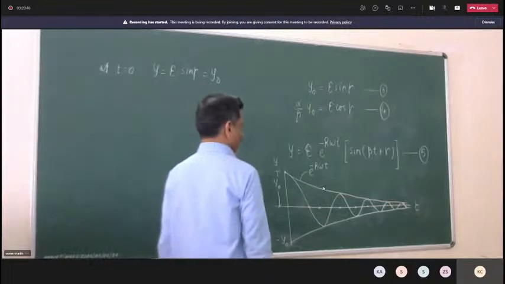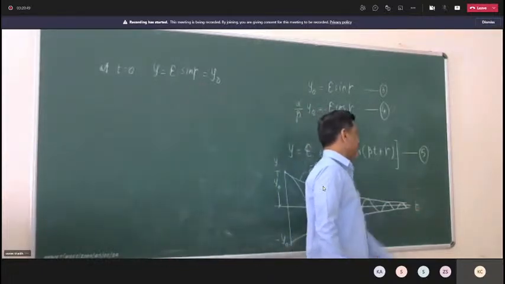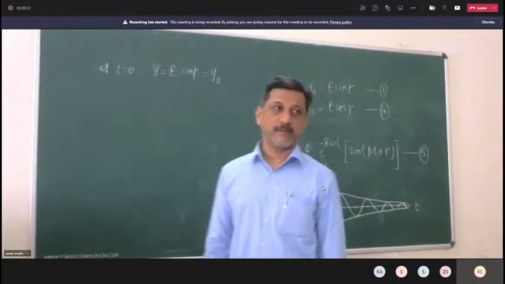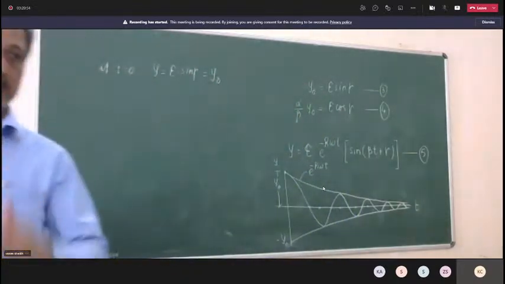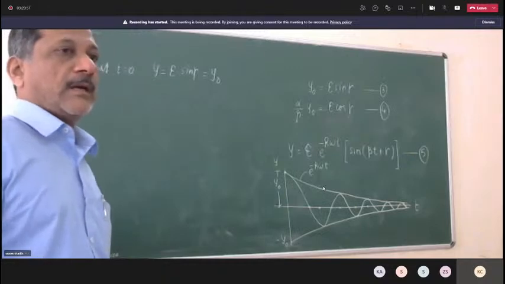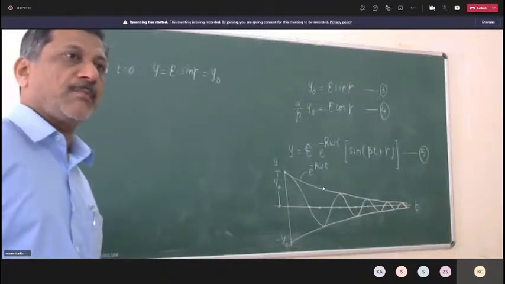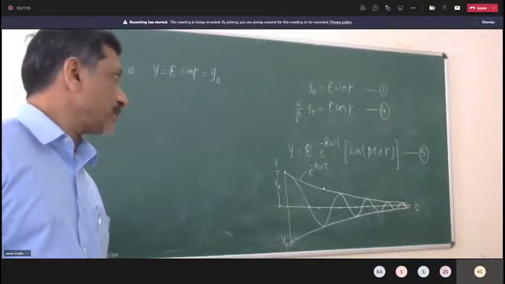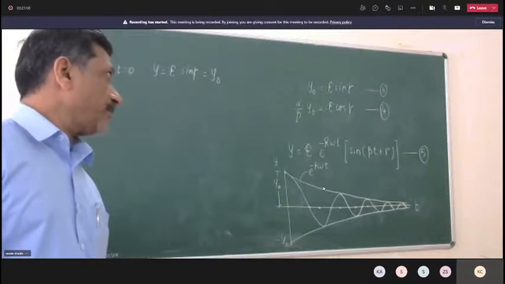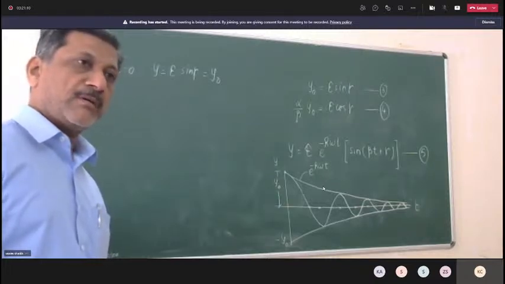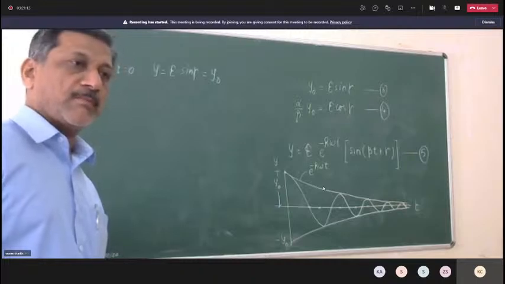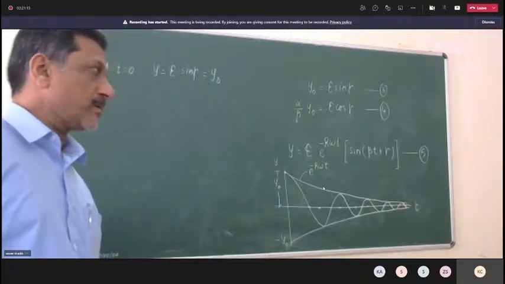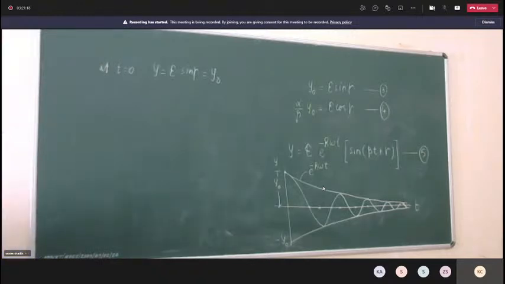So you can say from equation 5, amplitude is maximum wherever sin(beta t plus gamma) is maximum. That is equal to 1. Maximum value of sin theta is 1, no?